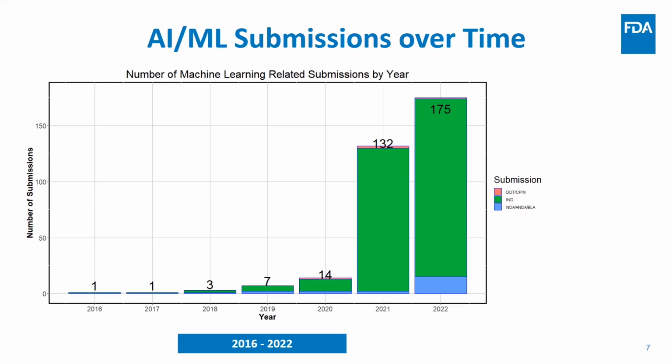What is the total number? Sorry, you mean each year? Yes, the denominator. We don't have the total. We didn't count that. We just searched our internal database and tried to find the relevant submissions, so we assume the denominator is pretty much constant.